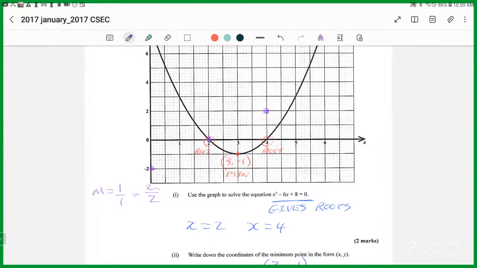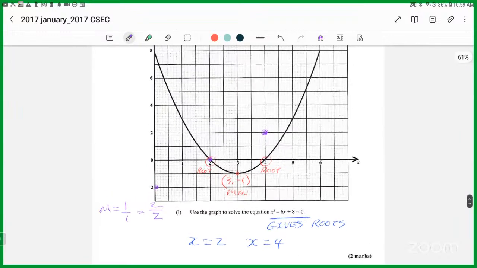Then from here, I'm going to rise 2, run 2 again. So rise 2 units from 2 to 4, and from 4, if you run 2, you're going to end up at 6. That's another point on the graph. You rise 2 units, run 2 units, not 2 grids.